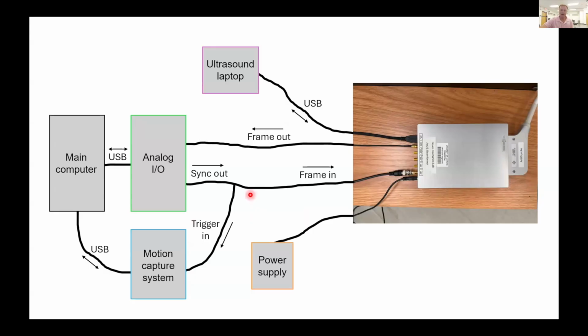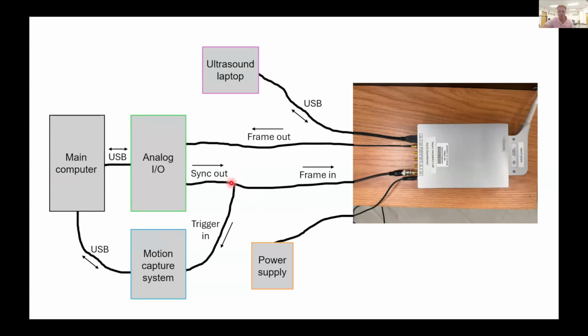This might be how your overall setup and device integration looks. You've got a main computer connected to an analog box and a motion capture system. We might have software on the main computer that allows us to send signals out of the analog box, with a splitter at this junction.